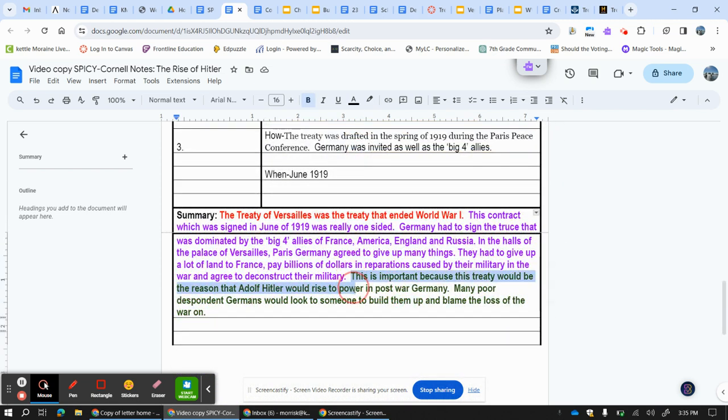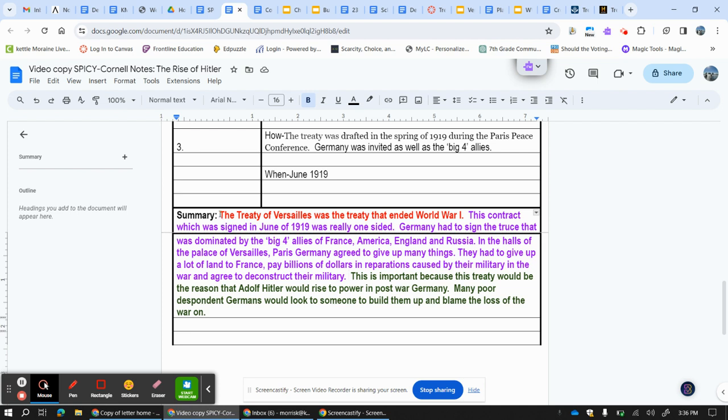Then I have to put my personal opinion on this. That's where I put in green. This is important because this treaty would be the reason that Adolf Hitler would rise to power in post-war Germany. Many poor, despondent Germans would look to someone to build them up and to blame the loss of the war on.